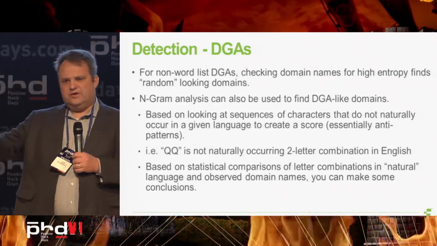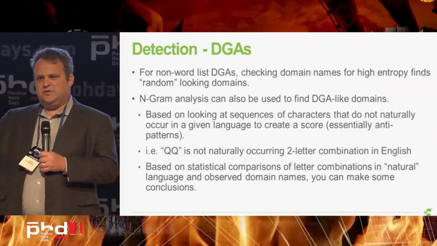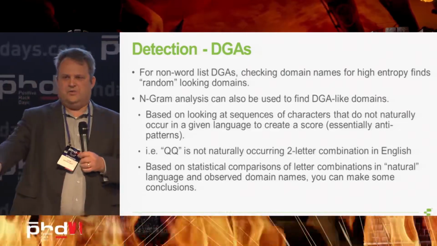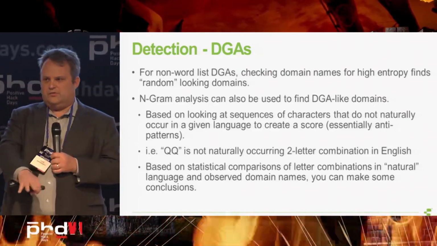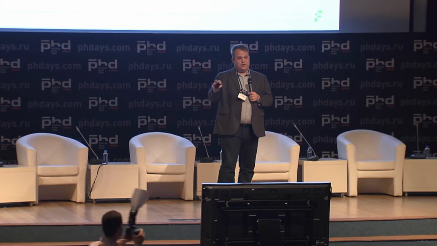So again, using this pattern of behavior of a machine to say, hey, I don't know anything about what's going on, I just know this is not normal. For the English language, the letter combination TH is very common, but TQ is not common at all. So if I see something with uncommon letter combinations, I can create some weighting algorithm and scoring and say, this is not naturally occurring in language, there's something else there.